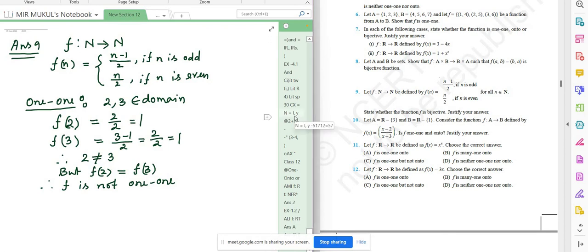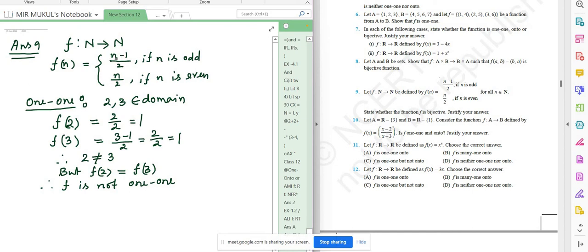You have the book with you? NCERT book you have? Yes, sir. So is it (n minus 1) by 2? Check again. In my book also the sign is not given. Acha, by chance if it is (n plus 1) by 2, then what will we take? We'll take 1 and 2.